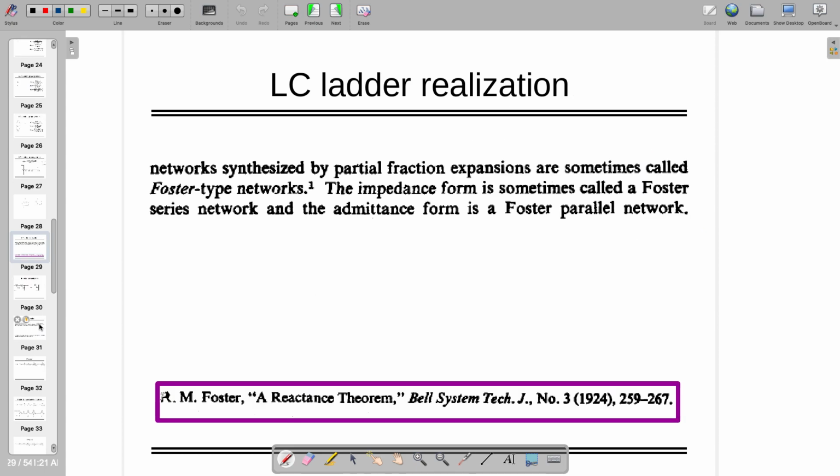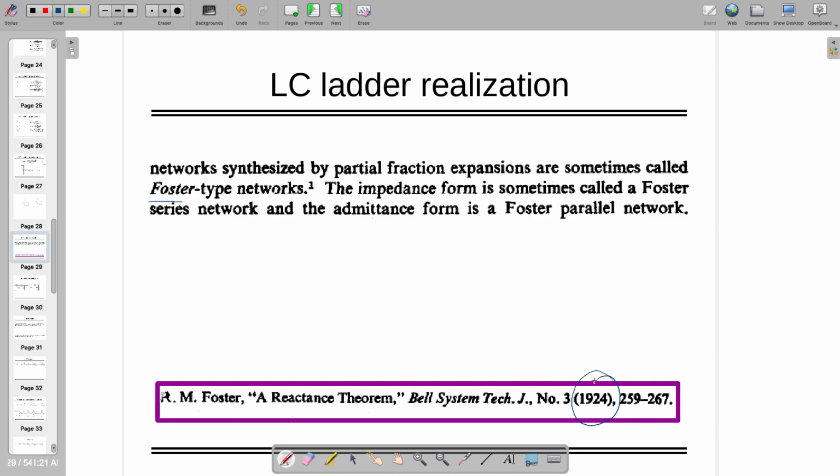Anyway, so now you know how to make even the LC ladder realization using any technique. If I ask you to draw the circuit, you can draw it in any way, and maybe you will not get a unique answer. You may have 20-30 different answers, right? But to channelize everything, there was one person called Foster in 1924.